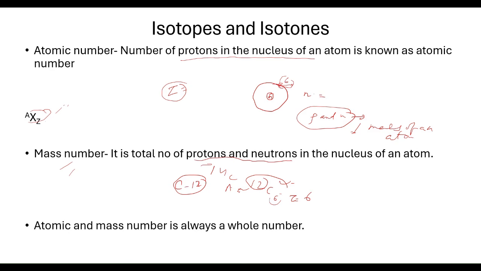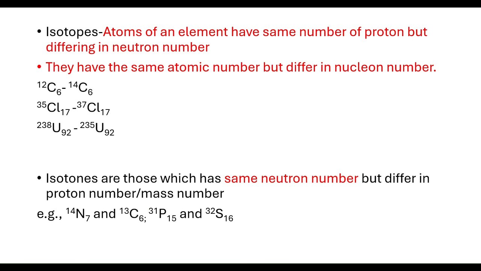Now we learned about atomic number, mass number, and so we will go to the concept of isotopes. So isotopes क्या होते हैं? Atoms of an element. कोई भी atom है कोई element का, they have the same number of protons but differ in their neutron number.